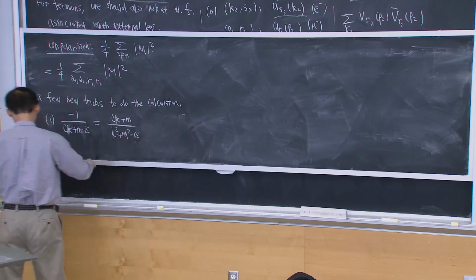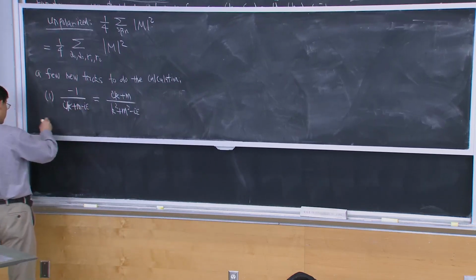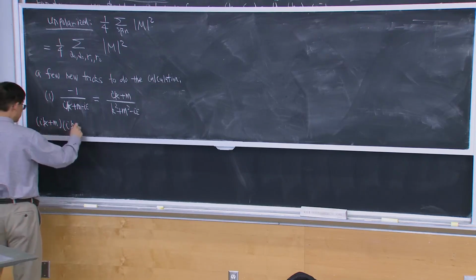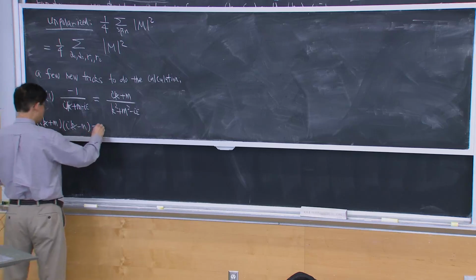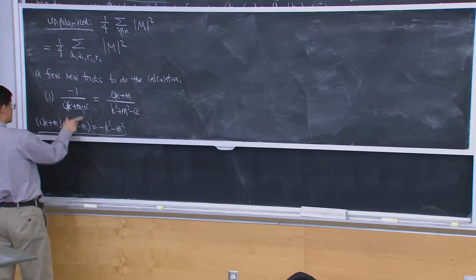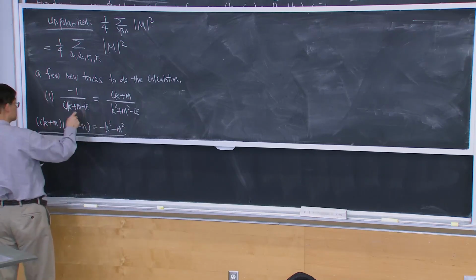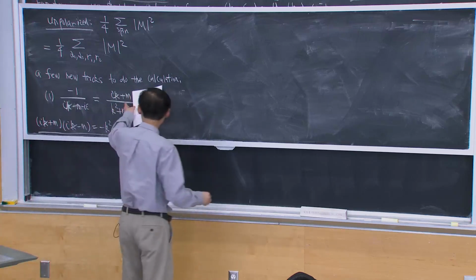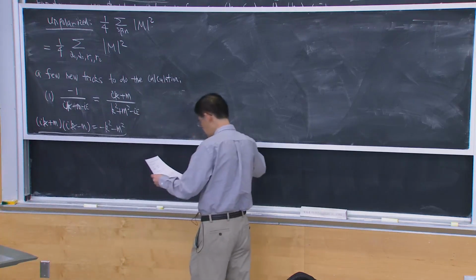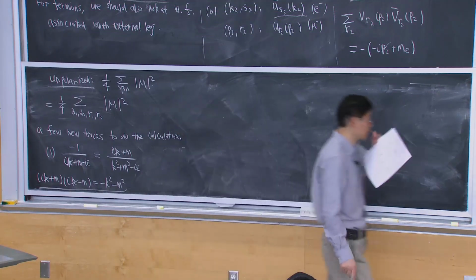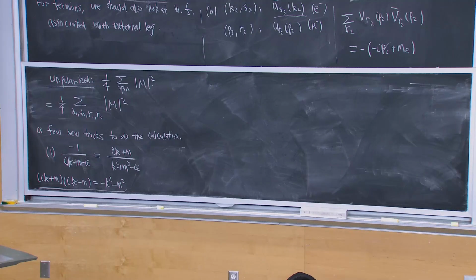It's just because of the familiar relation we used before, that k slash plus m and k slash minus m multiplied is equal to minus k squared minus m squared. Sorry, I think here there should be a minus sign. So the inverse of this matrix is just given by that matrix. Then you can use this to simplify that expression a little bit. So this is the first thing used.